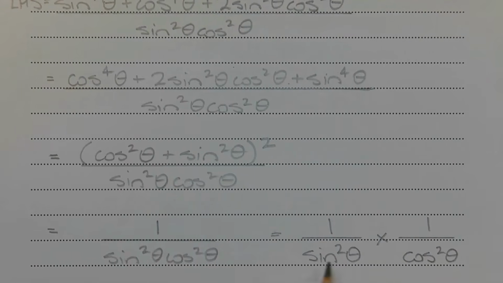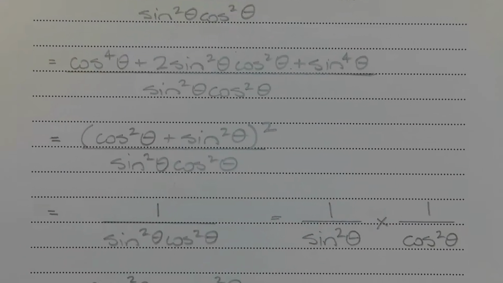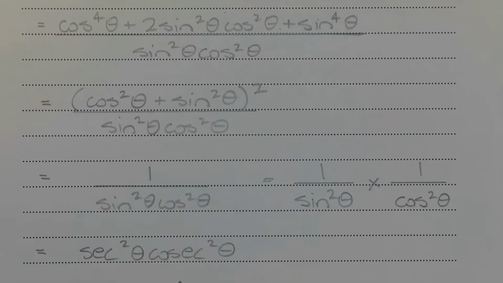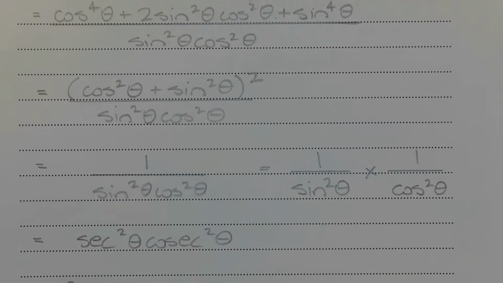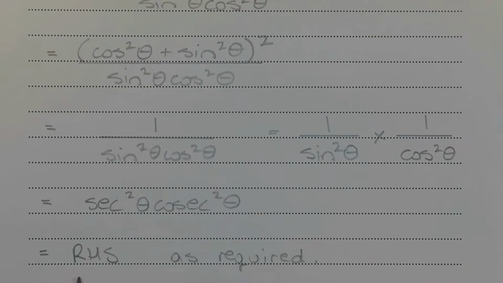Now these are reciprocal trigonometric ratios. 1 over sine squared theta is cosec squared theta, and 1 over cos squared theta is sec squared theta. So 1 over sine squared theta cos squared theta is equal to sec squared theta cosec squared theta, which equals the right-hand side as required.